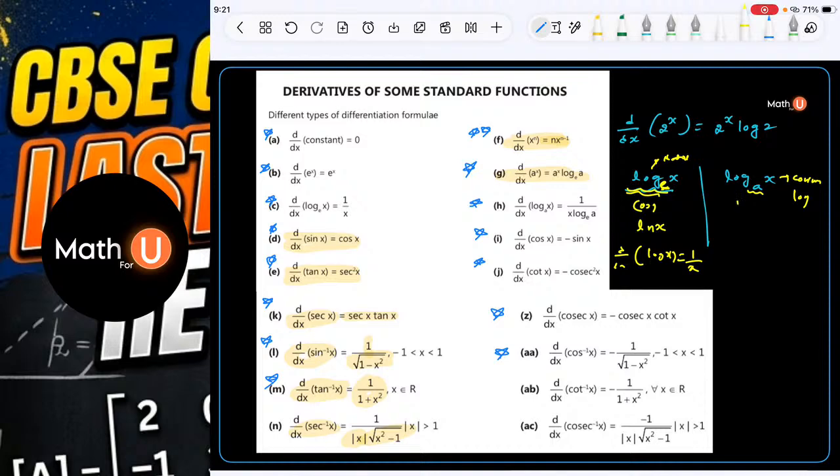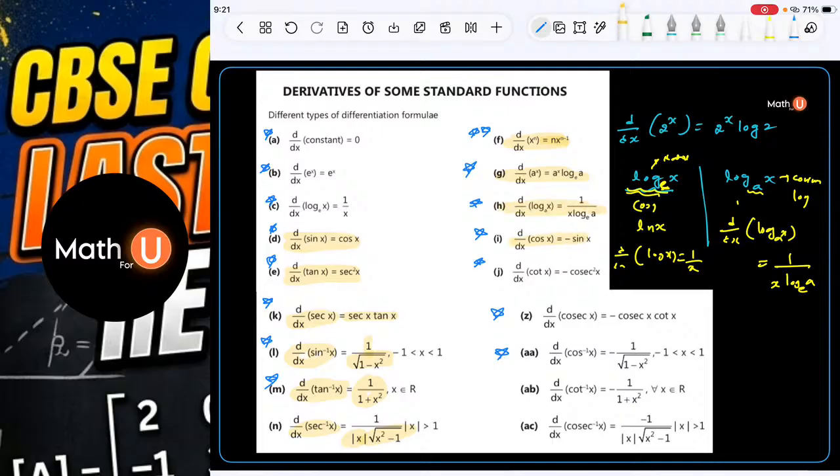If log base a of x is given, its differentiation is 1 by x into log base e of a. You should know this one, very important.